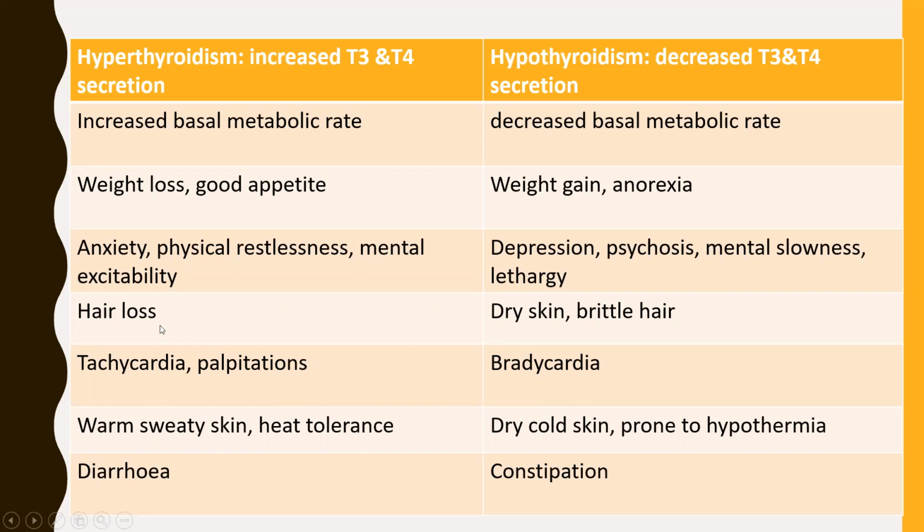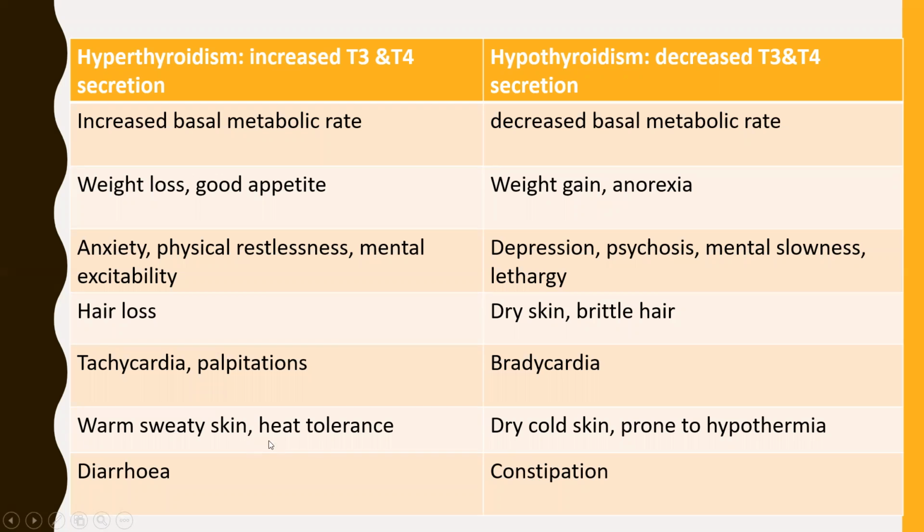When T3 and T4 secretion increases, hair loss, and when T3 and T4 secretion decreases, dry skin, brittle hair. Then increased secretion causes tachycardia and palpitation, and decreased secretion causes bradycardia.